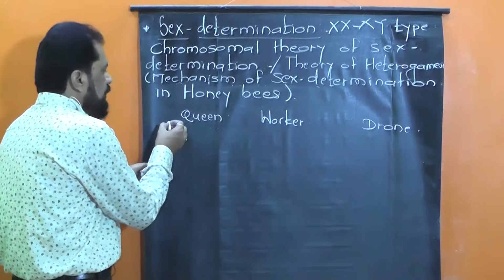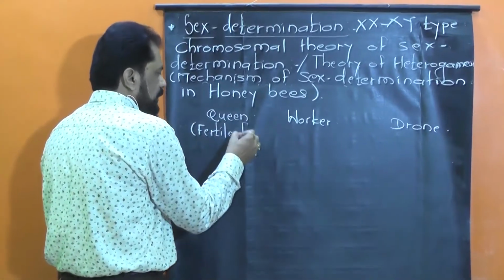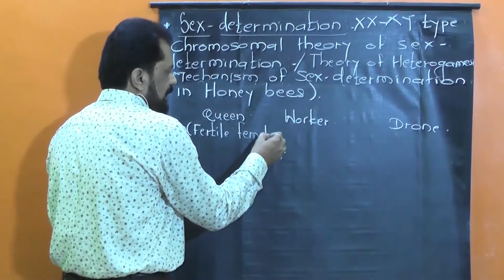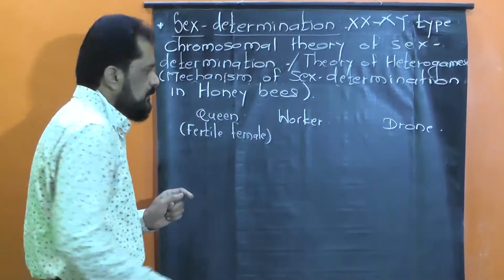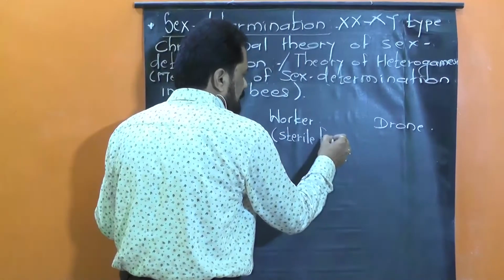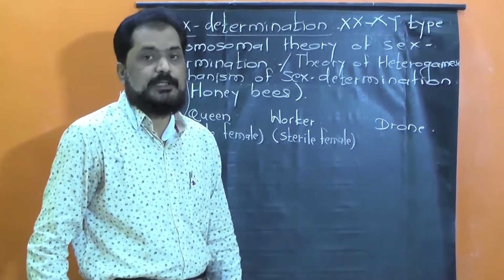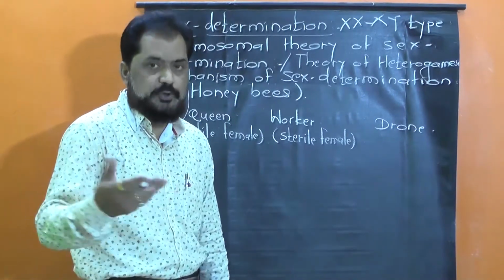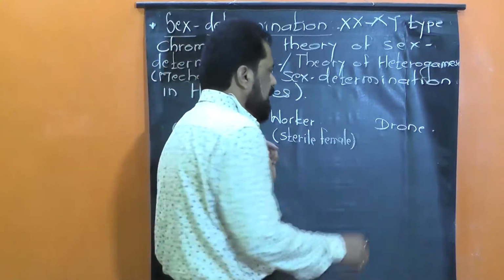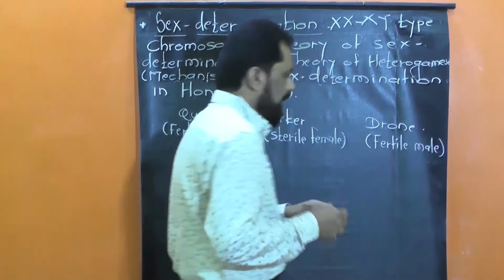Here the queen bee is a fertile female. Fertile female means it can lay eggs. Worker bee is a sterile female, means the worker bees are females but they cannot lay the eggs, they cannot take part in sexual reproduction, and the drones are fertile males.